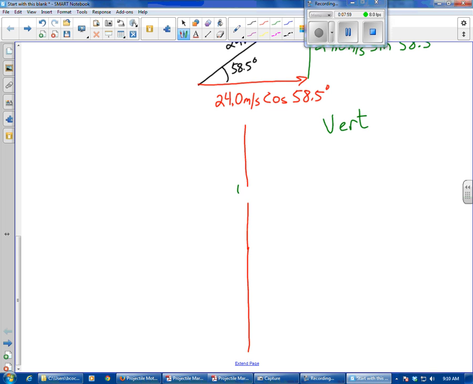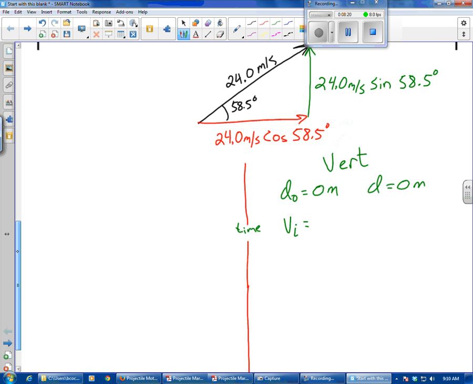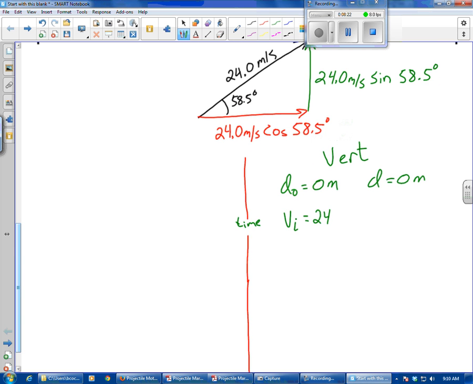So, start over here. Vertically, I know my D naught is 0 meters. I know I end up back at 0 meters. My V initial is 24.0 meters per second sine 58.5 degrees.